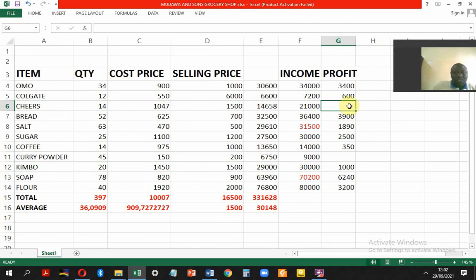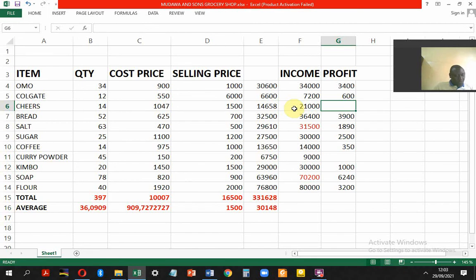This is G6. So for G6, we get this minus that. The formula for getting that, you must get to know what we are doing.